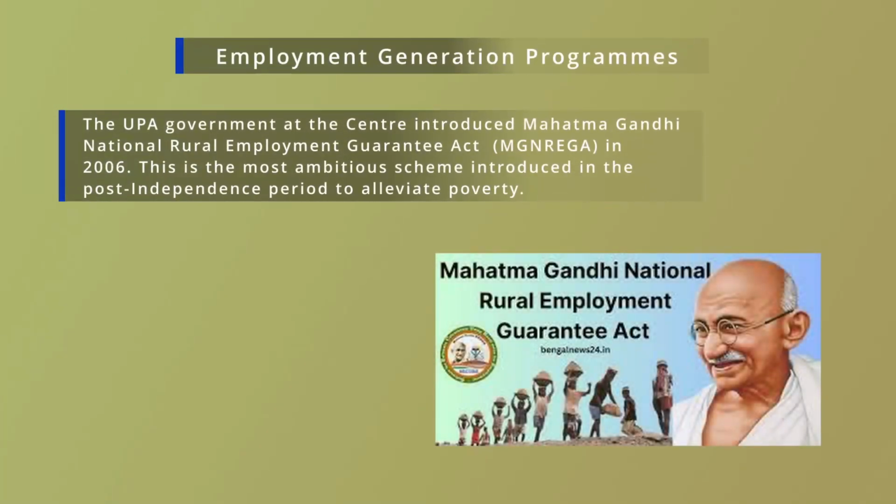program. After that, the UPA government at the center introduced the National Rural Employment Guarantee Program in 2006. After two or three years, the program was renamed the Mahatma Gandhi National Rural Employment Guarantee Program.